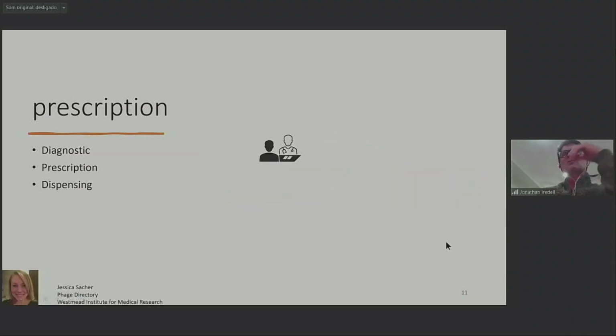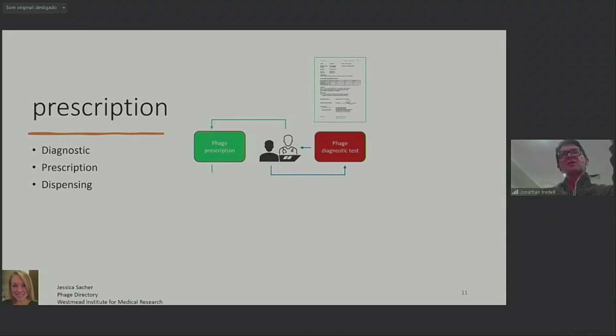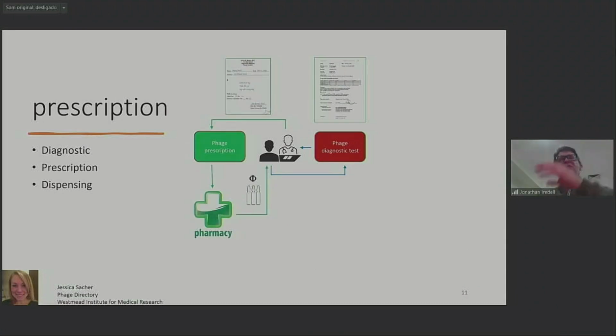The actual provision of the phage to the patient, we think logically, or I think everybody would agree logically, needs to follow the routine path. A diagnostic test is provided on the basis of a bacterial isolate that generates a prescription by a suitably authorised prescriber, and the pharmacy fills the prescription, dispenses this prescription.